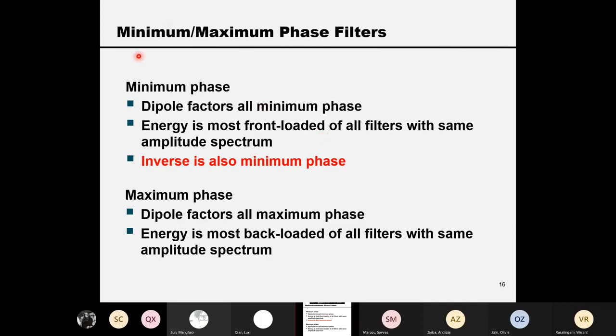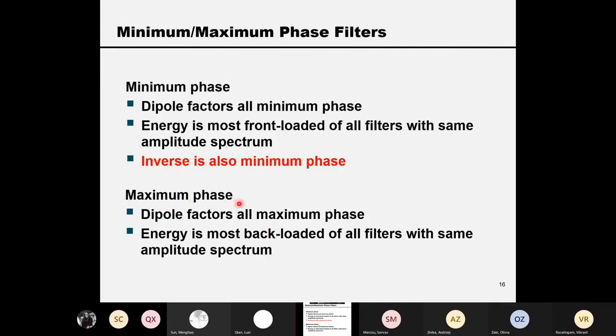One of the important properties, as I said, is that we are in favor of a minimum phase filter, because its inverse is also minimum phase. That's important, right?